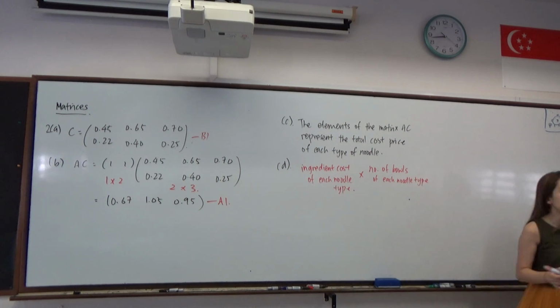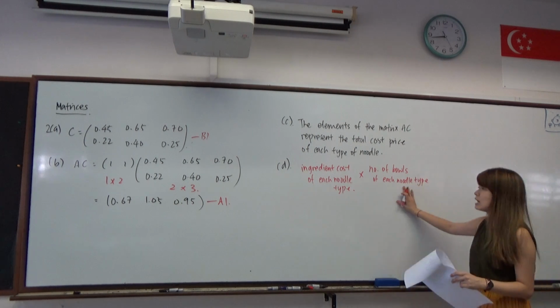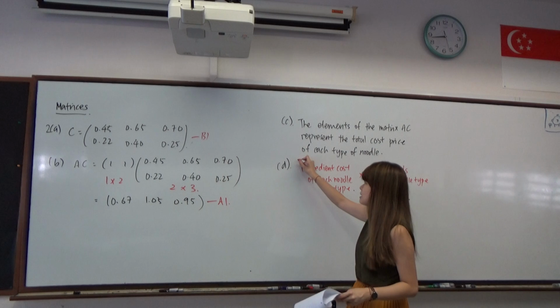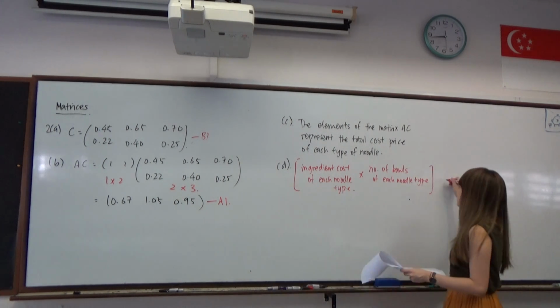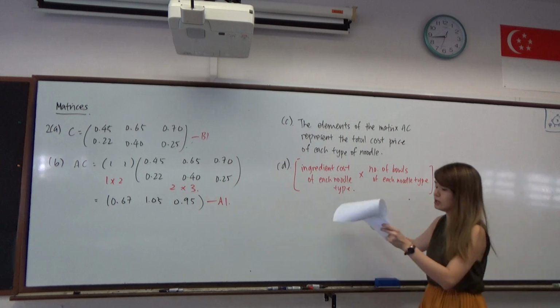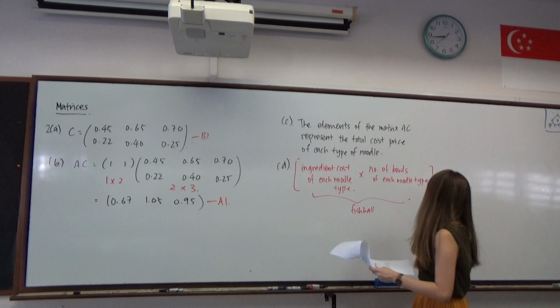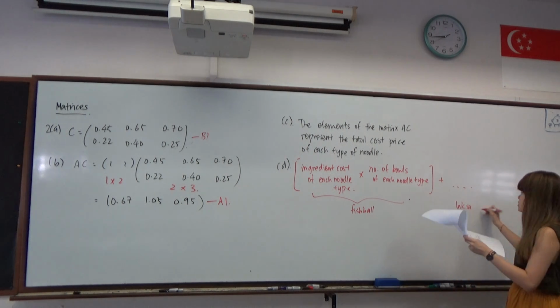So this is how you will do a simple calculation. You take ingredient cost times number of bowls, and then after that you sum it up together, plus the other types of noodles. So there are 3 types. You need the fishball one first, then after that laksa, as well as wonton.